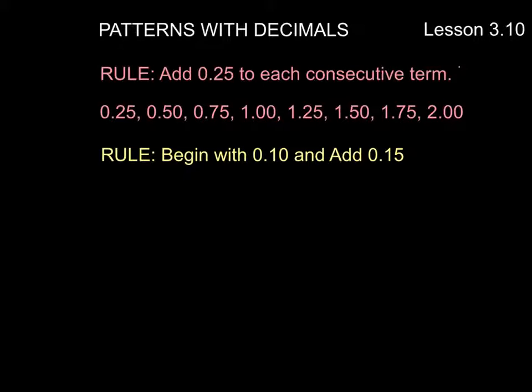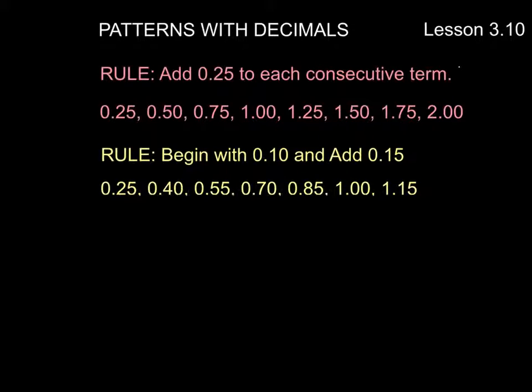And if you just forget the hundredths for a second, 10 plus 15 is 25. 25 plus 15 is 40. 40 plus 15 is 55. And then you add 15 hundredths to get 70 hundredths, 85 hundredths, 1 whole, and 1 15 hundredths.